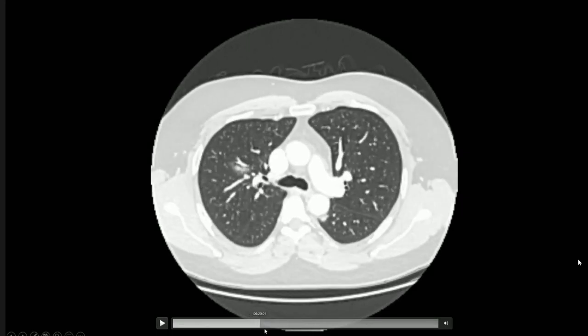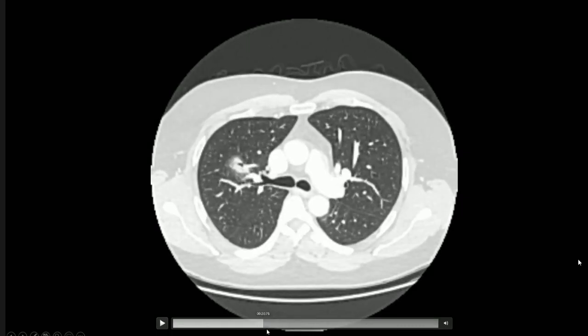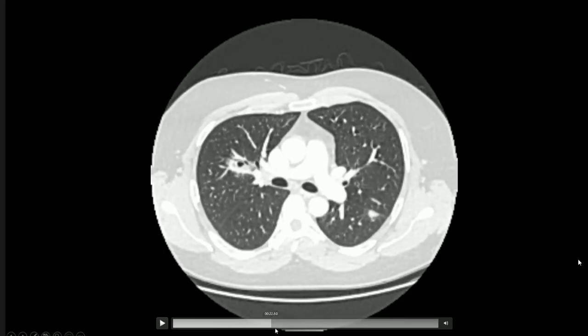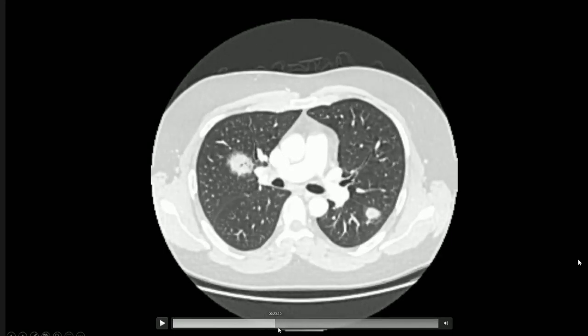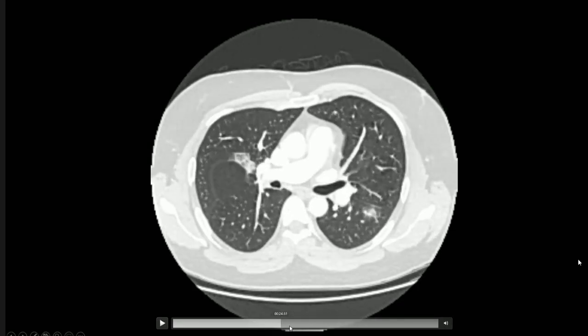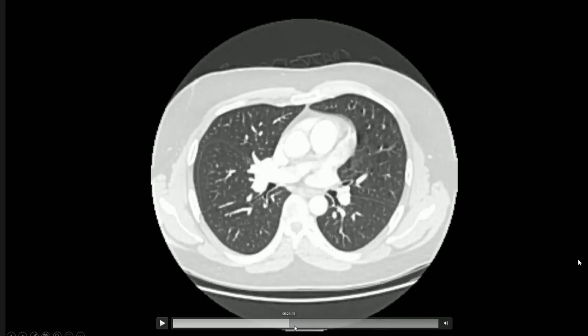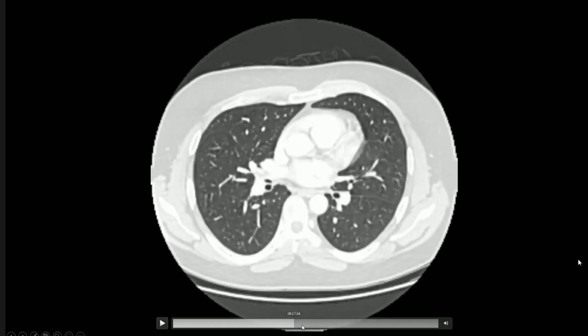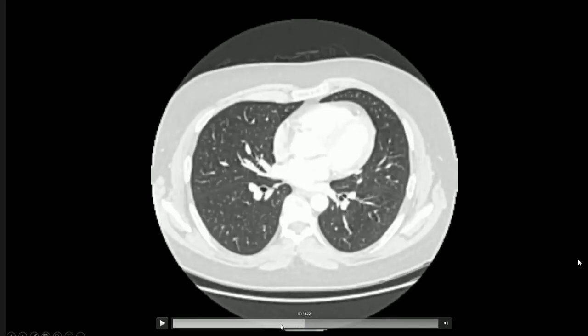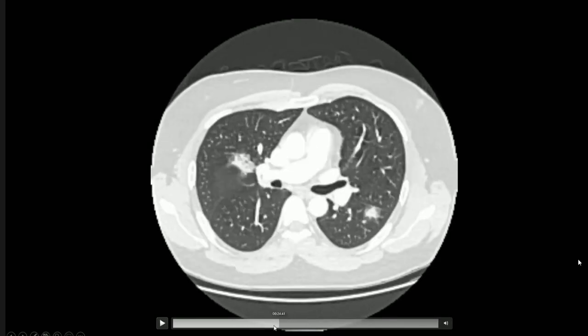One of them is near the pleural surface on the right side. There is a surrounding pneumonitis also noted around this perihilar lesion.